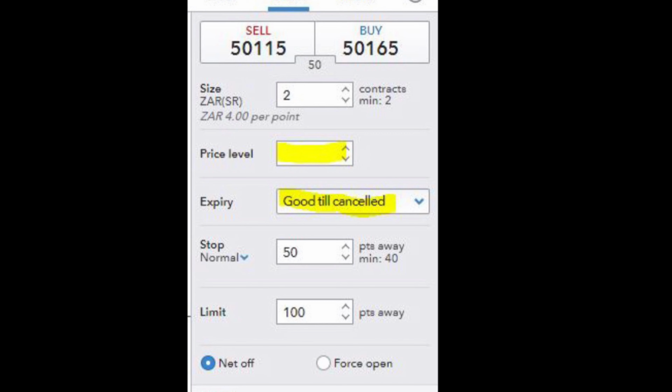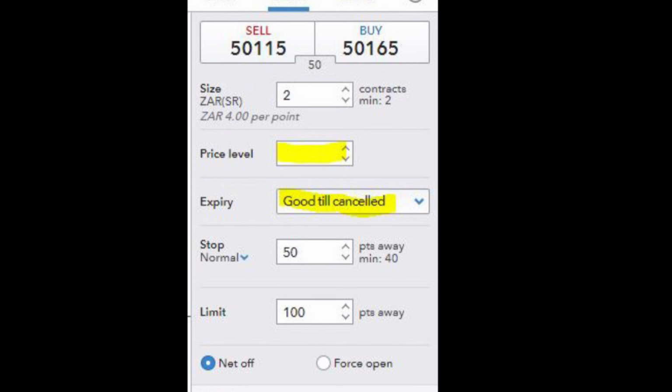Now here I've brought up what is known as a limit order. If we do not want to enter at the price that is highlighted at the top, for example selling at 50115 or buying at 50165, we can place a price where we have highlighted price level.